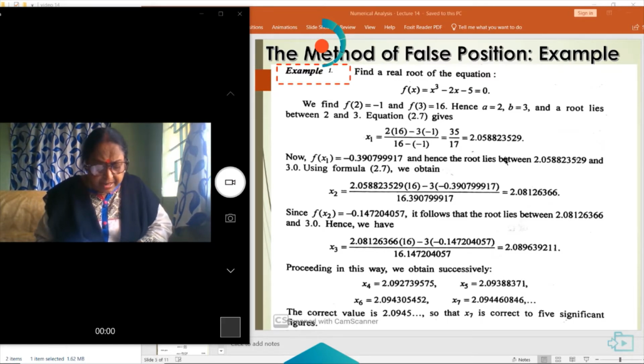Using the formula, we calculate x1, which is equal to 35 by 17, that is 2.0588 and so on.